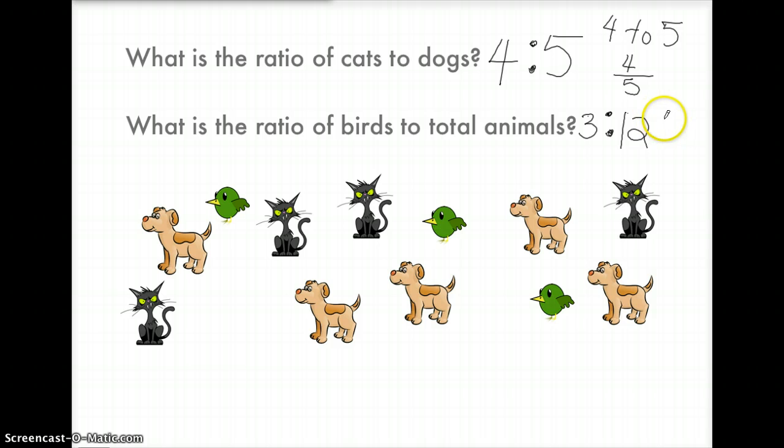Similarly for this one, we can write it different ways. We can write it as 3:12 because it's asking birds to total animals. Make sure it's in the right order. We can write it as 3 to 12, or as 3 over 12. All 3 ways are acceptable. Let's move on to the next slide.